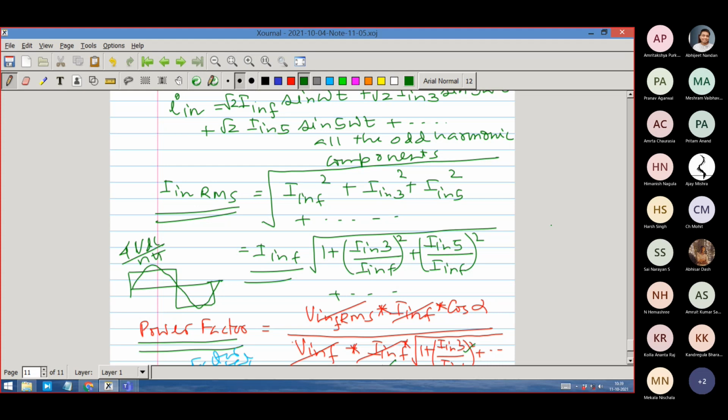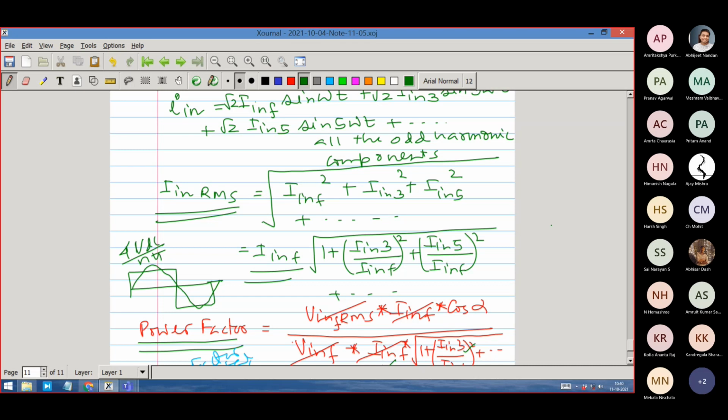But thyristor, this is what you are learning. Thyristor converter is good, but not so good from the input side, because the input side current has now become of a non-sinusoidal shape, a rectangular shape. Preferably we always like the input current also to be shaped like a sine wave, but it is not possible.